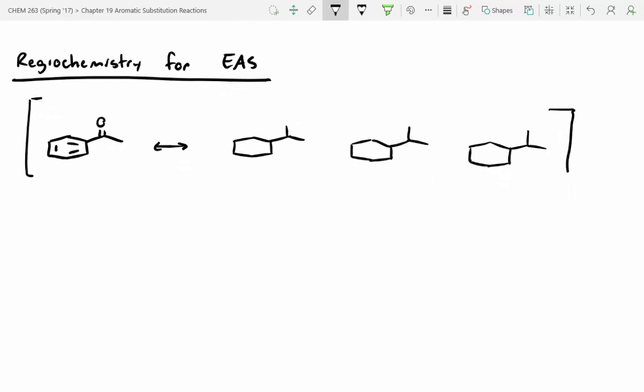Clean this up a little. I'm going to kick electron density over like that, and I'll get us started on the first one here.